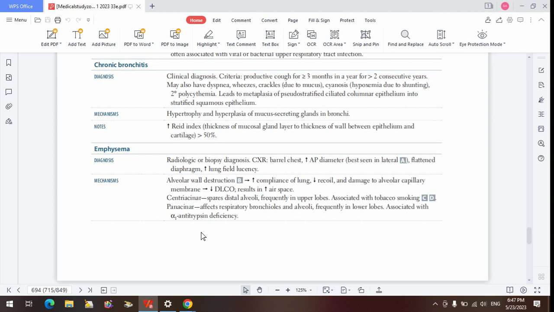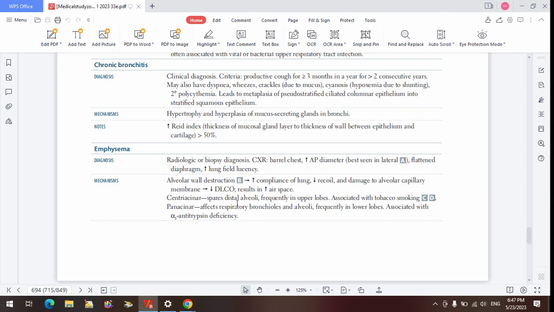So that means that in someone that has emphysema, the DLCO, which is the diffusion constant for carbon monoxide, reduces. This DLCO is talking about the amount of carbon monoxide that you can take into the pulmonary capillaries across the respiratory membrane.